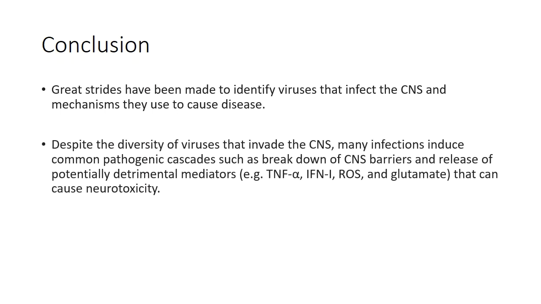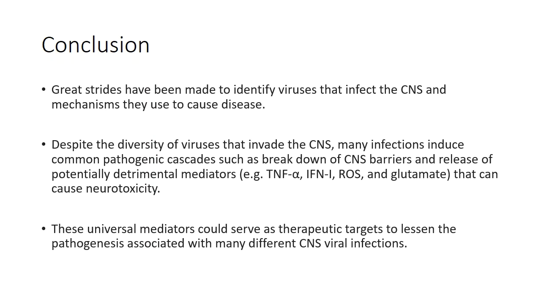Despite the diversity of the viruses that invade the CNS, that is the neurotropic viruses, many infections induce common pathogenic cascades, such as the breakdown of the CNS barrier and release of potentially detrimental mediators like TNF-alpha, interferons, reactive oxygen species, and glutamate that often result in characteristic neurotoxicity and hypoxia. These universal mediators could therefore serve as therapeutic targets to lessen the pathogenesis associated with different CNS viral infections.